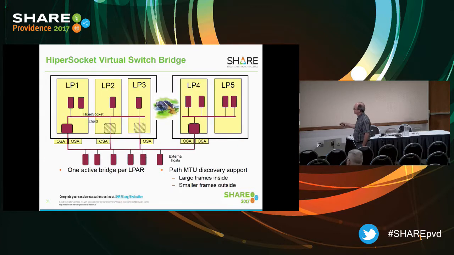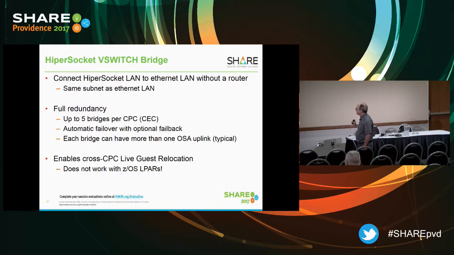So this LAN segment up here, just like in a real vSwitch, this HiperSocket becomes an extension of this LAN segment. I can tell the vSwitch that this HiperSocket is VLAN 57 out here. So it knows what to do, how to get the data, what the right settings are to proxy that data out into the Ethernet. I can have up to 5 of those bridges.